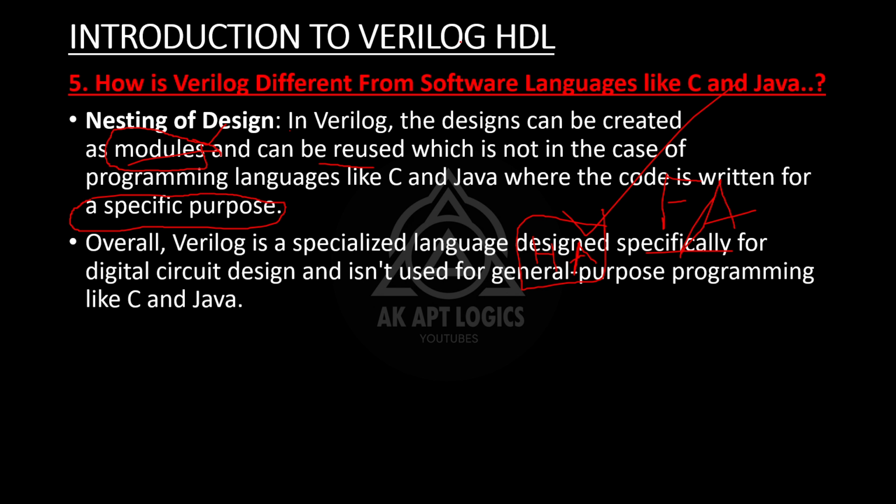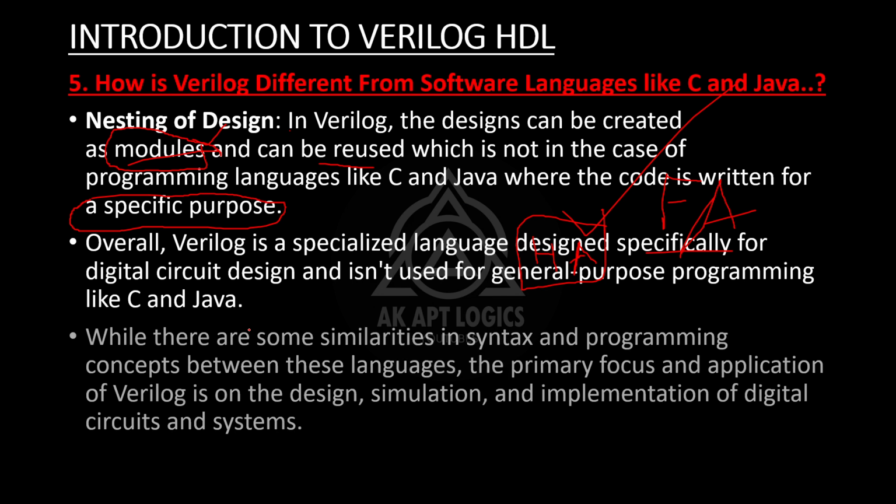Overall, Verilog is a specialized language designed specially for digital circuit design, unlike general purpose languages like C and Java. There are some similarities in syntax and programming concepts between these languages, so we use if else, switch case, for loop, while loop, all those things in Verilog.